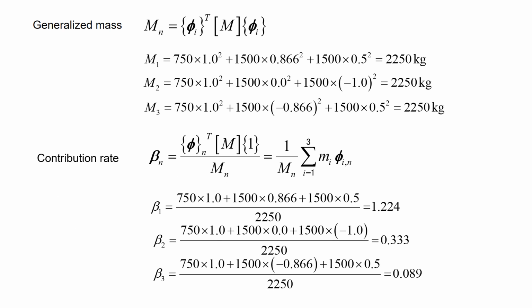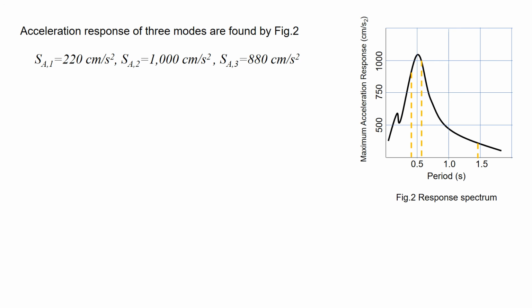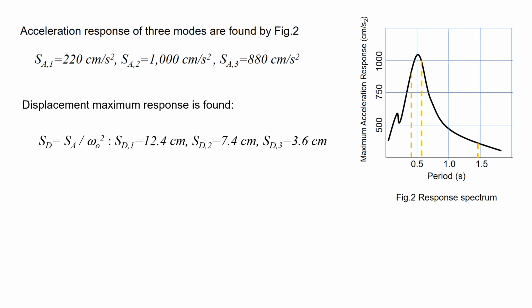The contribution rate beta 1, 2, 3 are obtained by these equations. The acceleration response of 3 modes SA1, 2, 3 are found from figure 2. The displacement maximum response is found by this equation.